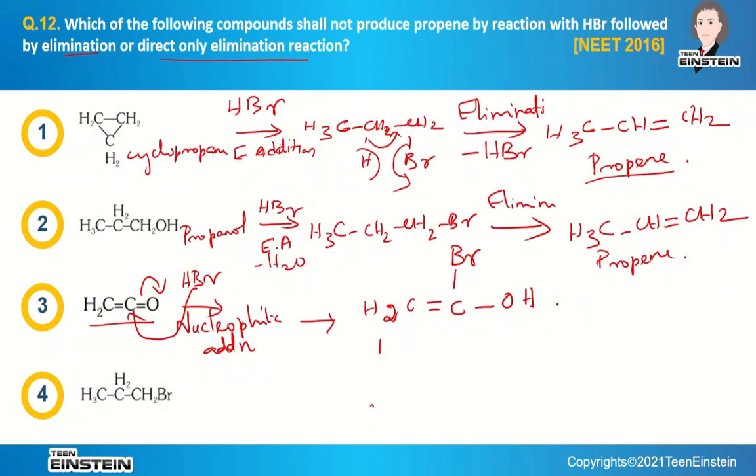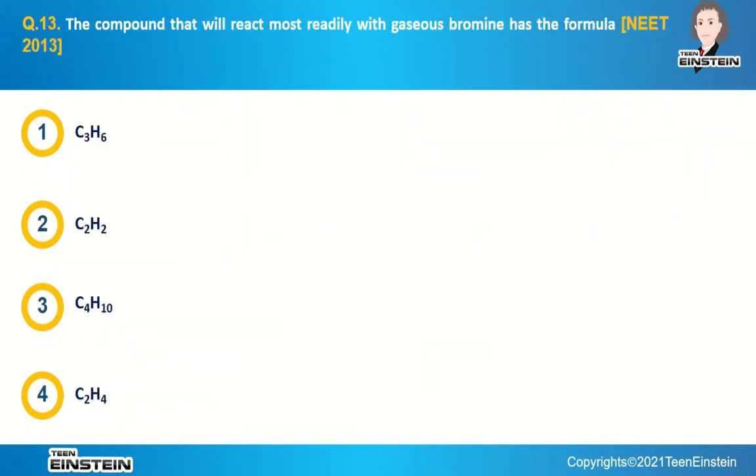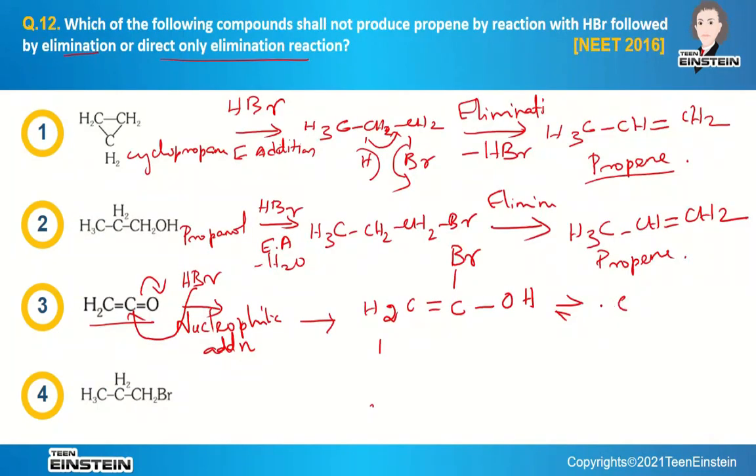It gives a tautomeric form, that is CH3 C double bond O here. So for the third compound the product is not a propene compound. So come to the fourth option.